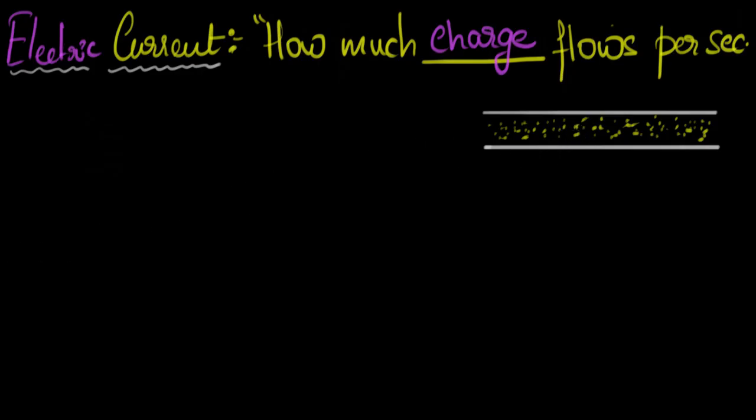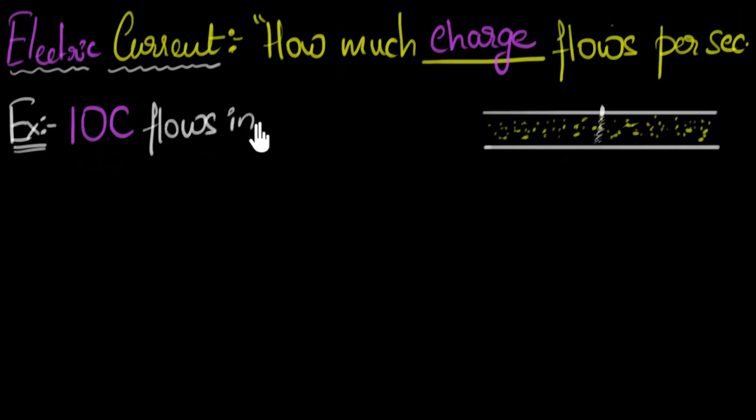And so now let's say you stand over here and somehow calculate how much charge is flowing through this point. Let's say you concentrate on this point of the wire, and you measure and find out that 10 coulombs of charge flows through that point in 5 seconds. So what's going to be the current at that point?